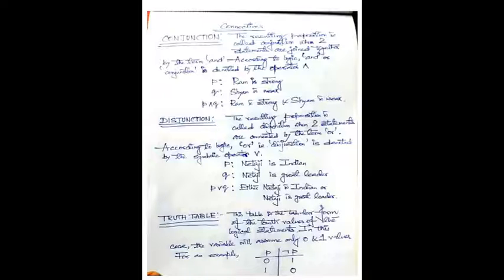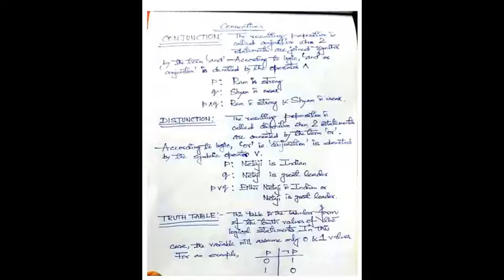Suppose p gives the statement Ram is strong and q gives the statement Shyam is weak. Then the conjunction p and q implies that Ram is strong and Shyam is weak. So this is conjunction. That means we are joining two simple propositions by the conjunction and.